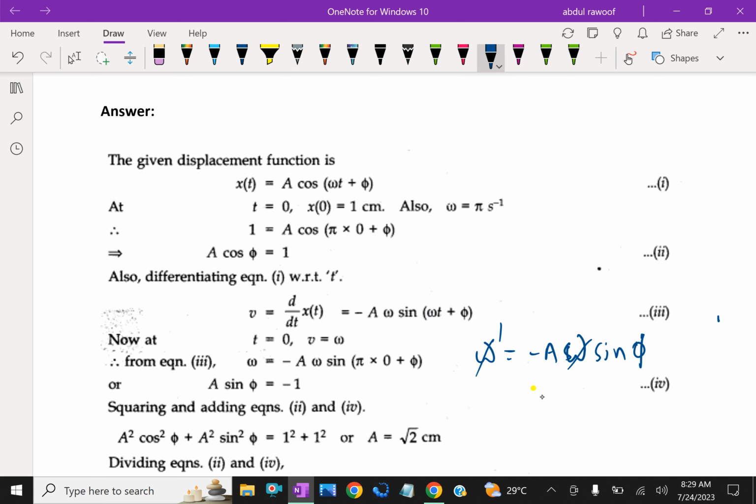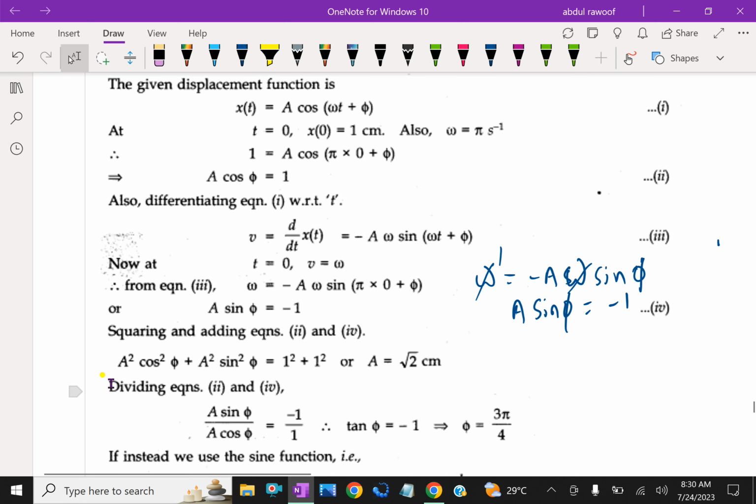Therefore we have A sin φ equal to minus 1. Now look at this one, equation 4. Squaring equation 2 and 4 and adding. Equation 2 gives A cos φ equal to 1, then A sin φ equal to minus 1.